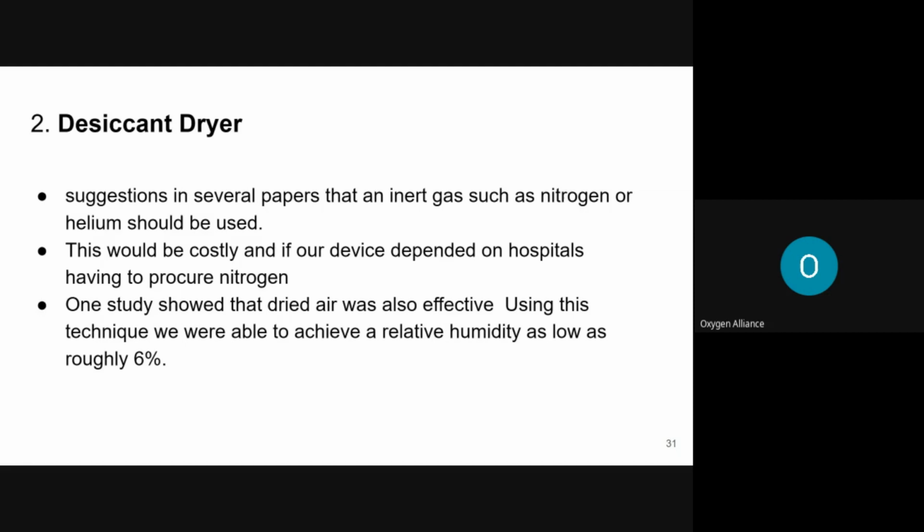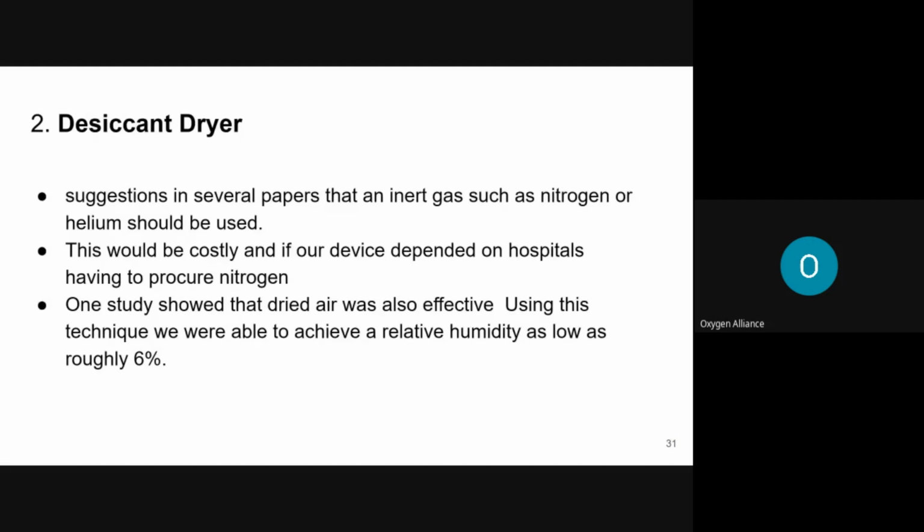So we did some research, and most papers on the internet suggested that using nitrogen or helium as a source of dry gas is ideal. When we looked at this, we saw that this would be a problem, since the solution that we were trying to develop was meant for low and middle income countries.